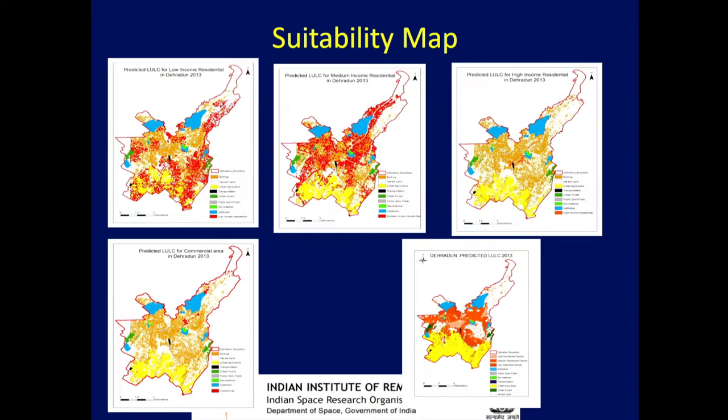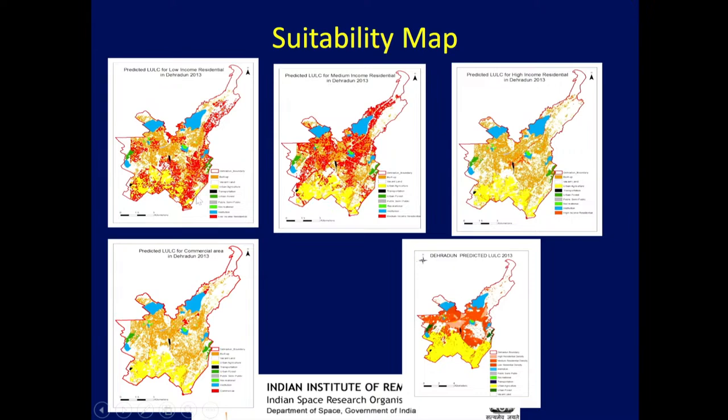You'll see that in the first map, all the red color is giving you the places where low income housing is most suitable. For people who have a lower income, these are the places which are suitable.